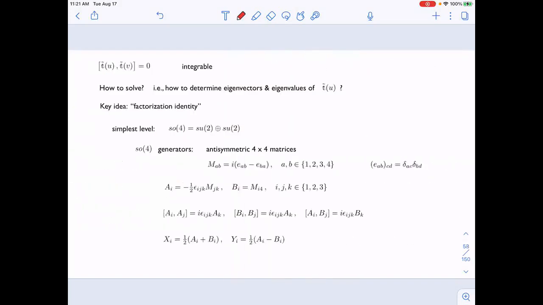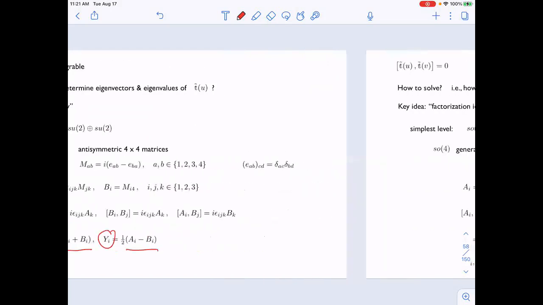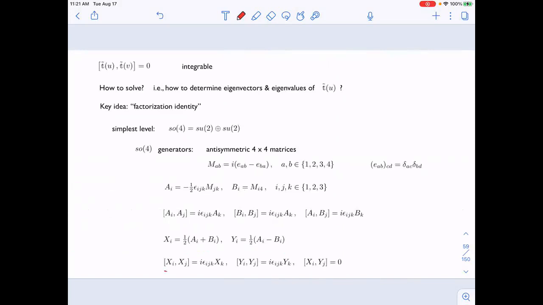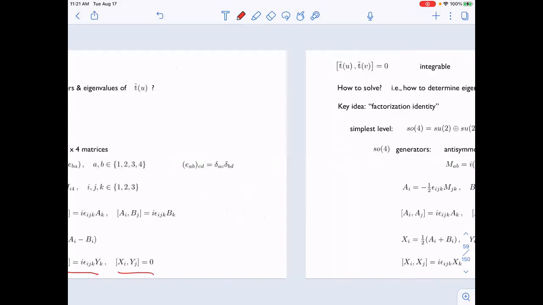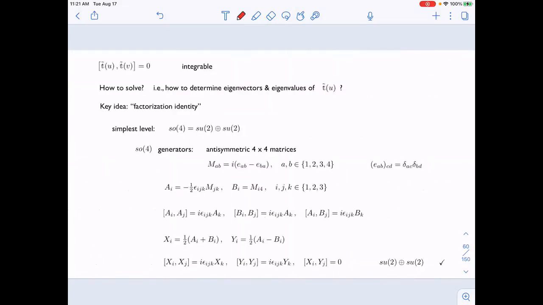But if you now define X to be the sum of the A's and B's and Y to be the difference of the A's and B's, then you can see that X is close to an SU(2), Y is also close to an SU(2), and X and Y commute with each other. So this shows you that indeed SO(4) can be written as two copies of SU(2).